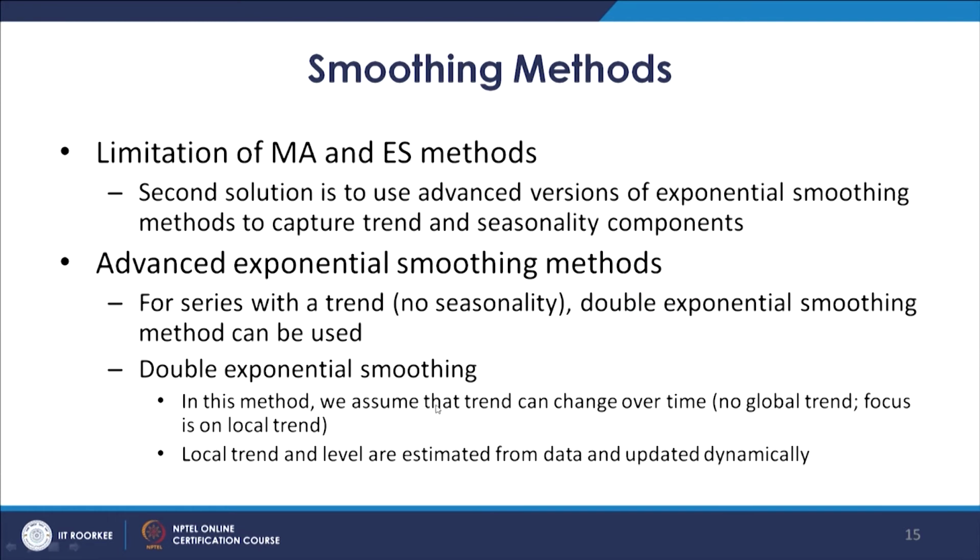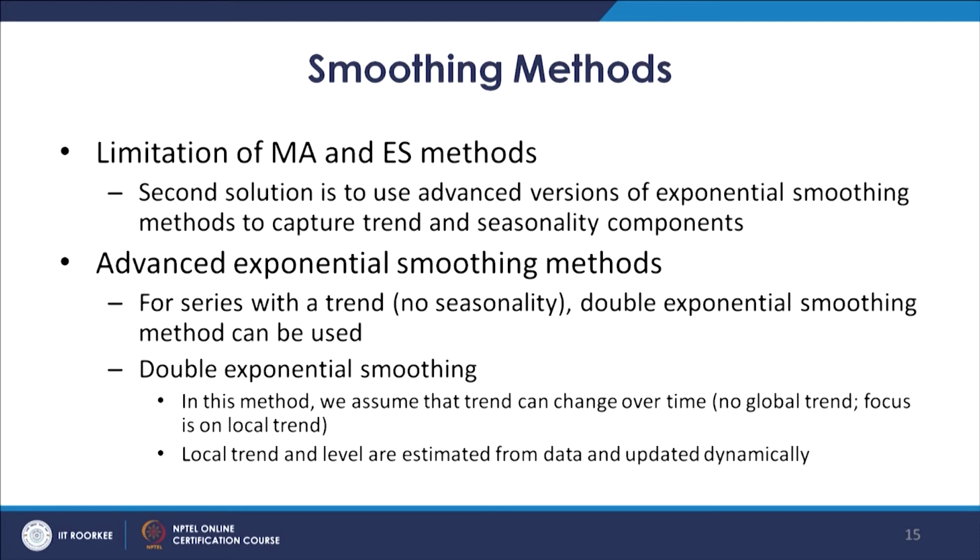In double exponential smoothing, what we assume is that the trend can change over time. Therefore the idea is that there is no global trend, so structural, regression based models are probably not going to be suitable in this scenario. The focus is on local trend, which is where exponential smoothing and smoothing methods in general are useful.